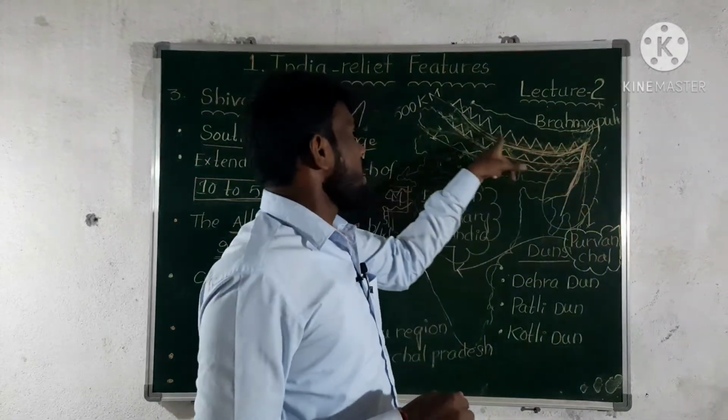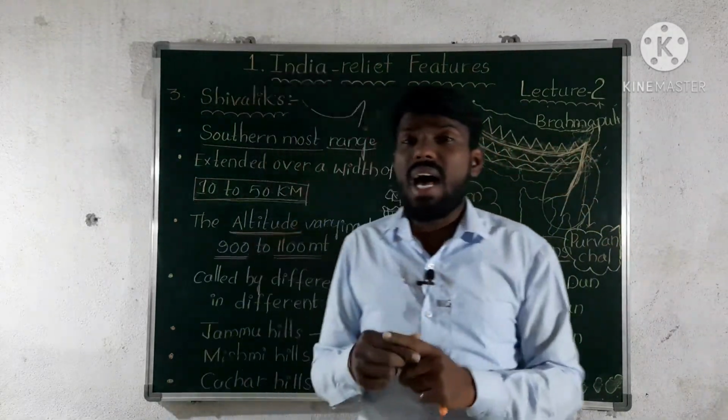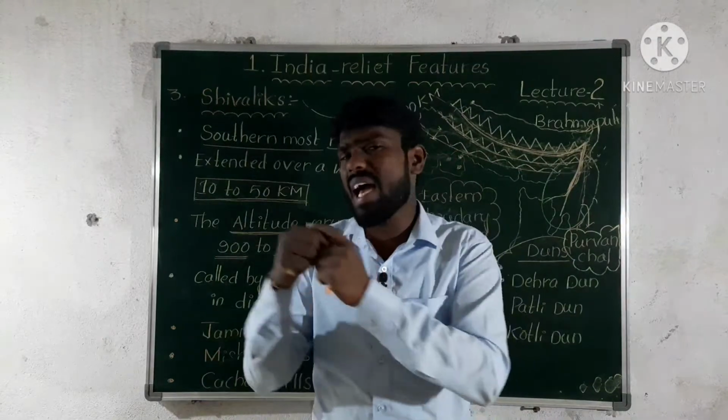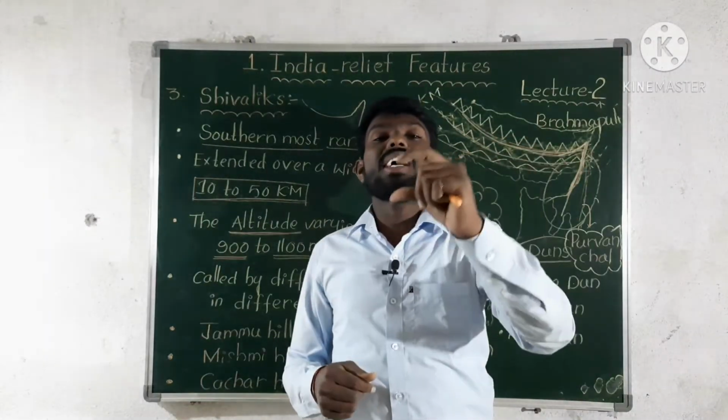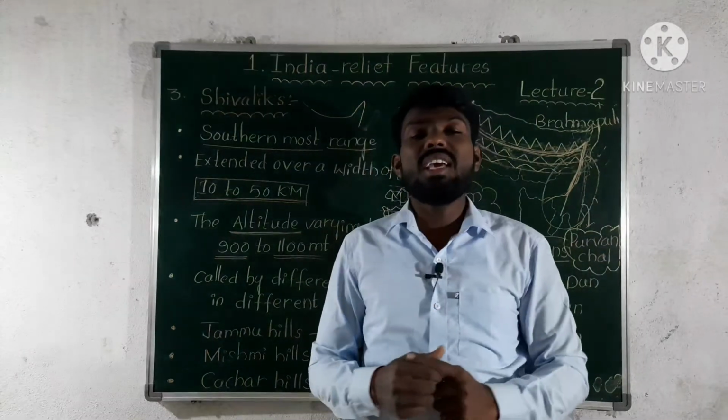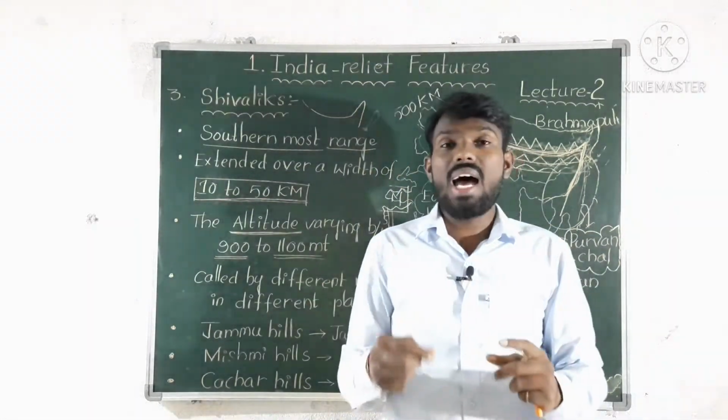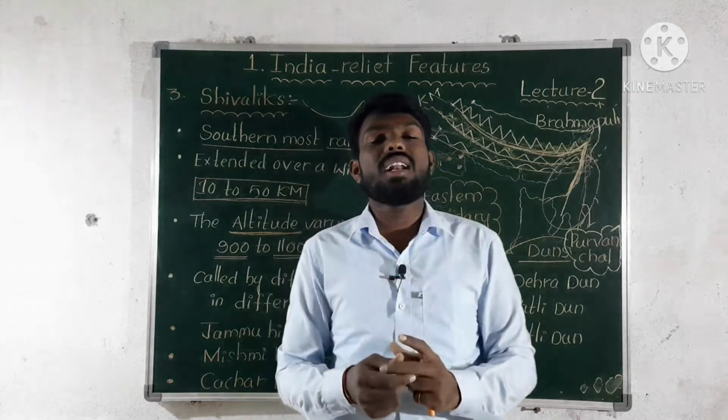Next, the Himalayan rivers flow from the Himalayas. The Himalayas are the major source that makes the flow continuous throughout the year, forming perennial rivers.